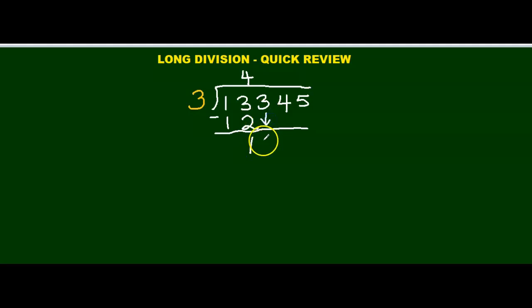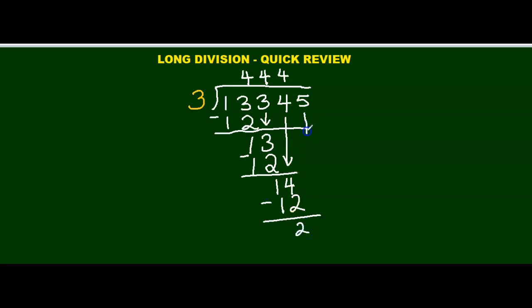Bring down your 3. Once again, 4 times 3 gives you 12. Subtract that. That gives you 1. Bring down the 4. 4 times 3 again gives you 12. 14 minus 12 is 2.